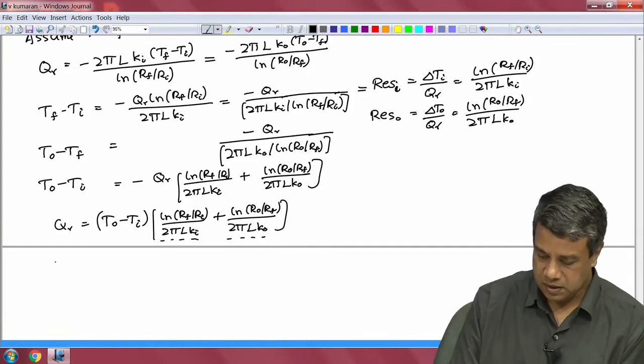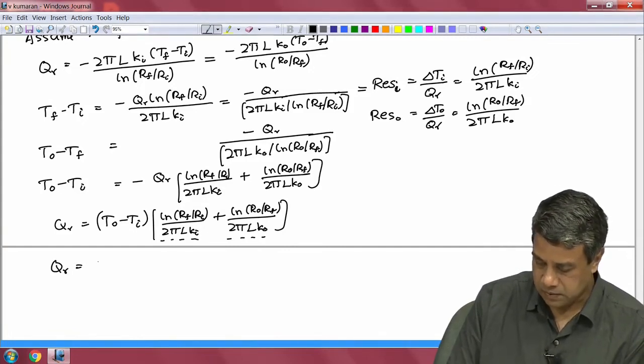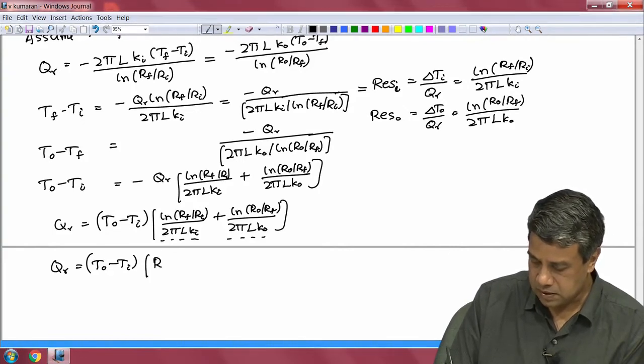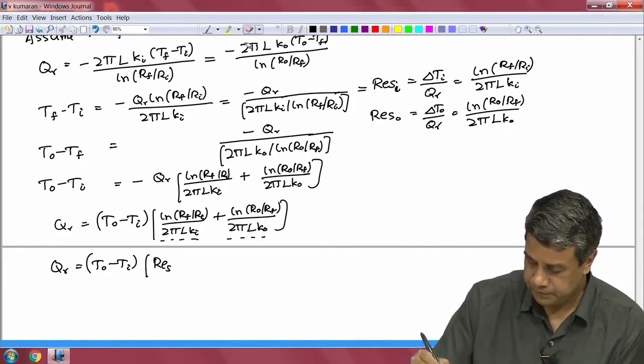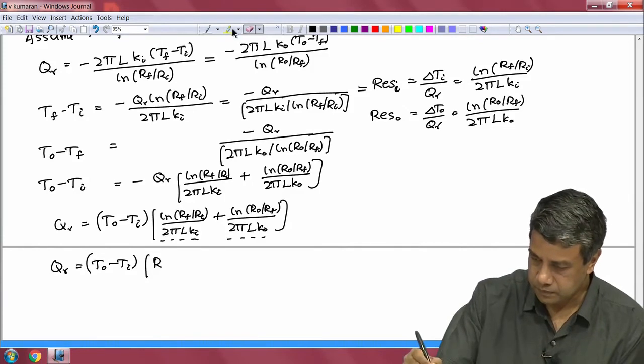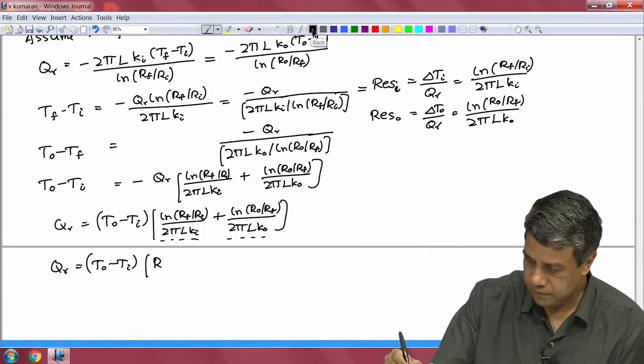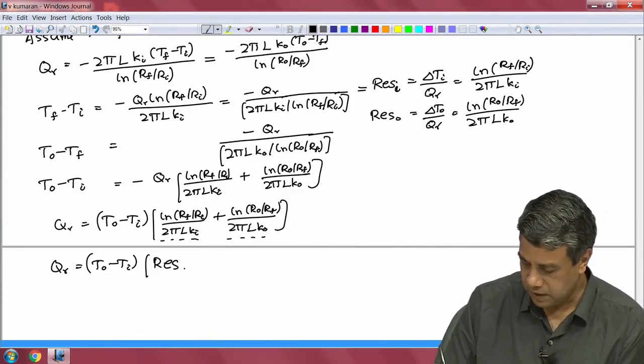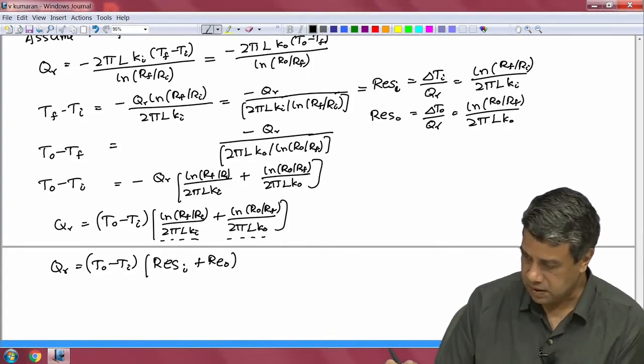Therefore, QR will be equal to TO minus TI into the resistance of the inner cylinder plus the resistance of the outer cylinder with a negative sign here.